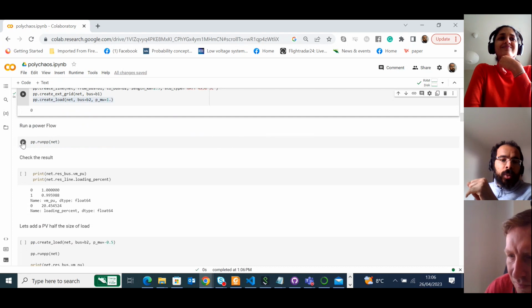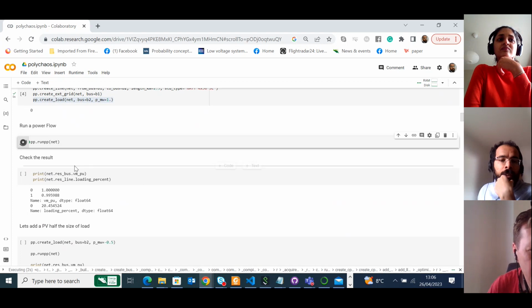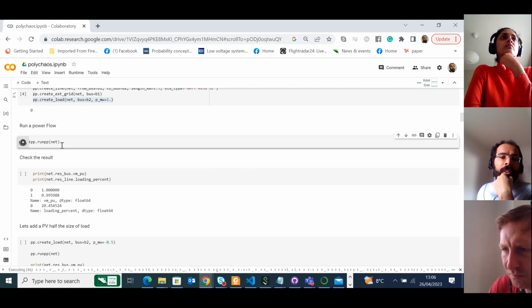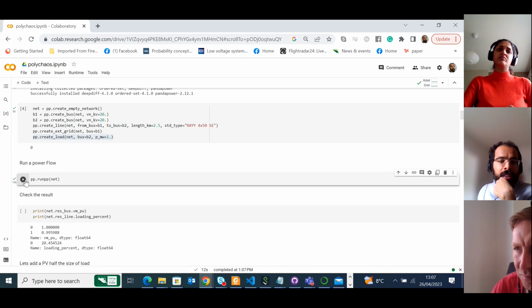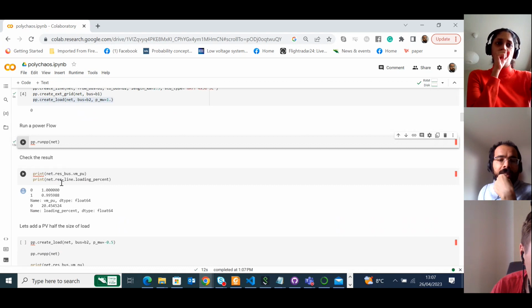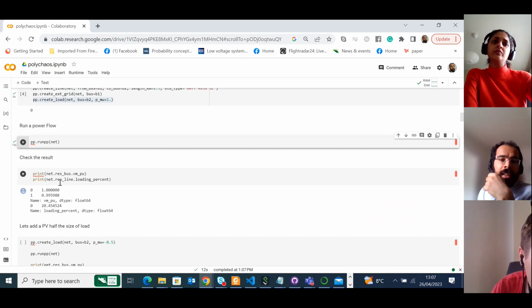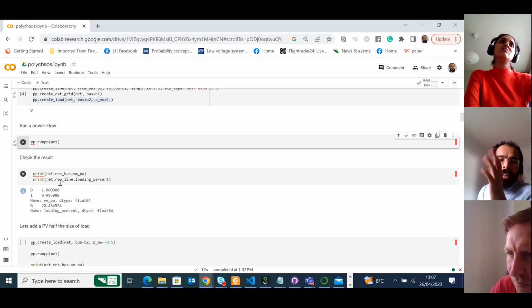Running power flow is always a somewhat expensive operation because it has a number of iterations. It doesn't take that much time, but it takes almost 13 seconds even for this simple network. Power flow itself is a heavy computation.